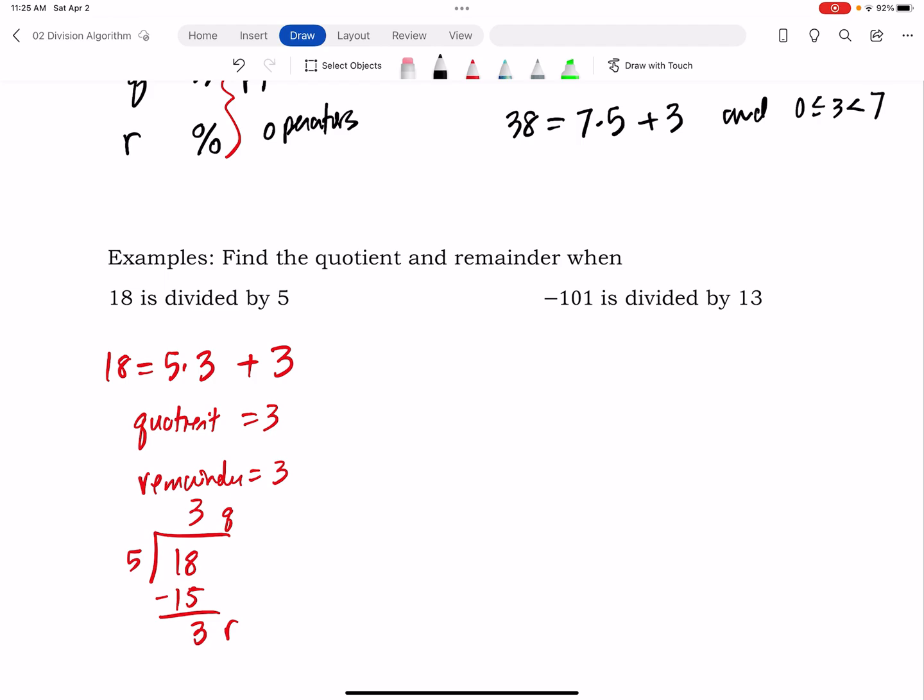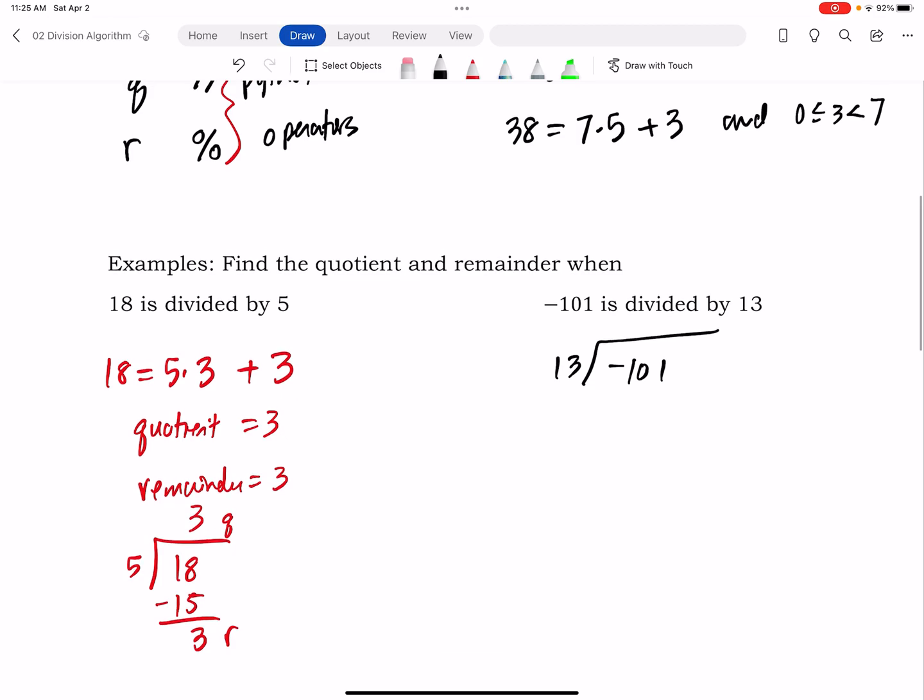What happens when I do this with a negative number though? So 13 into negative 101. Let's see, 13 goes into 101 7 times. 7 times 13 is 91, which leaves me with negative 10.